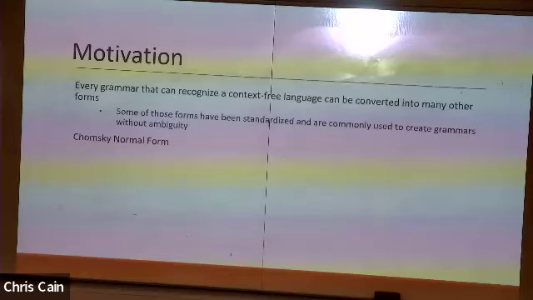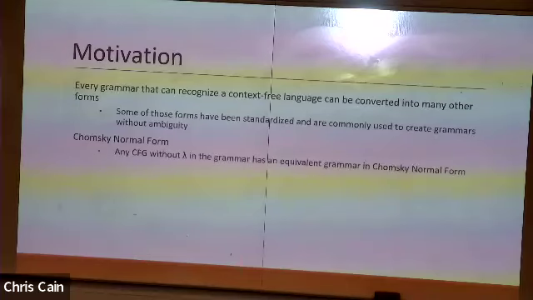The first we are going to look at is called Chomsky normal form, which is just the best name. I wish my last name were Chomsky, because how much fun could you have with that? Any context-free grammar without lambda in the grammar has an equivalent grammar in Chomsky normal form.